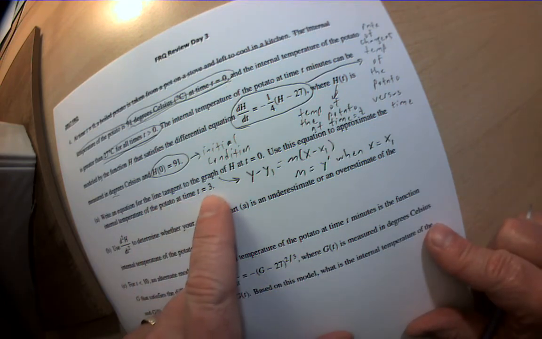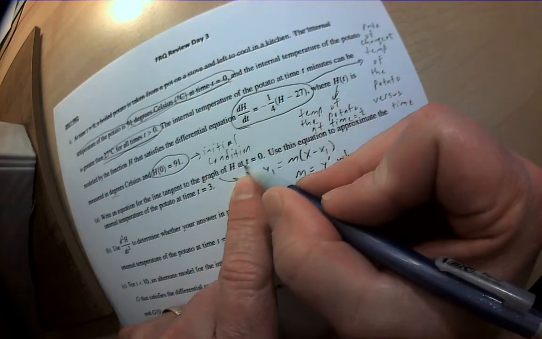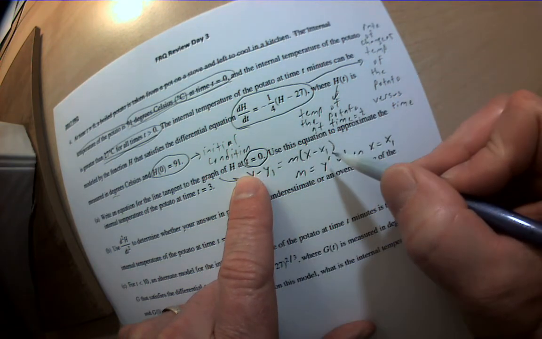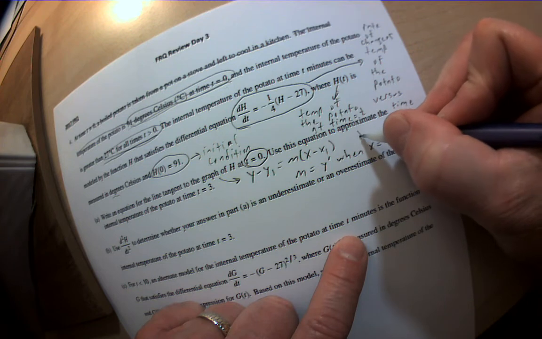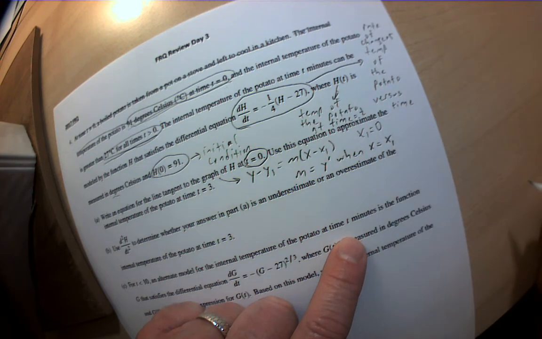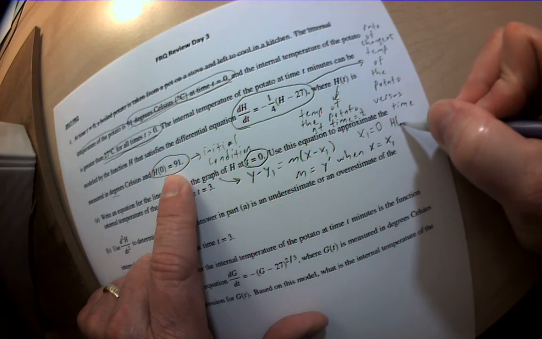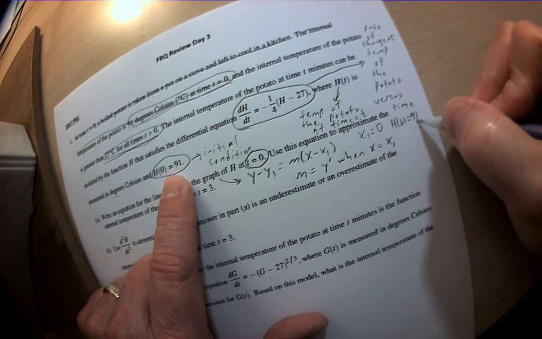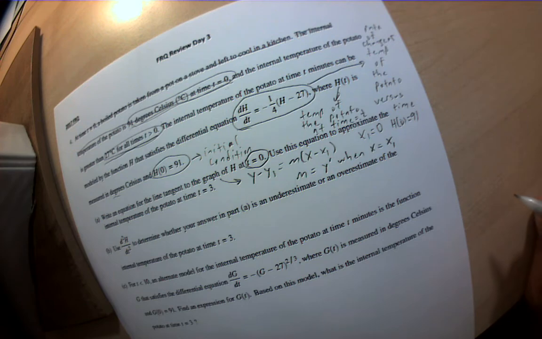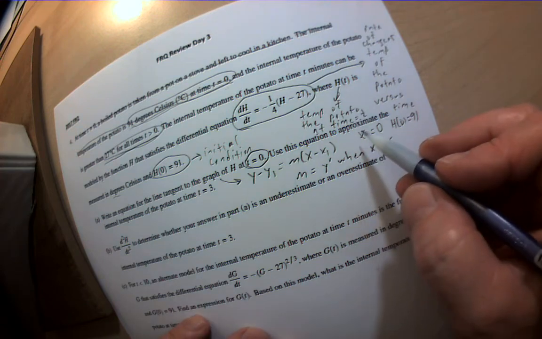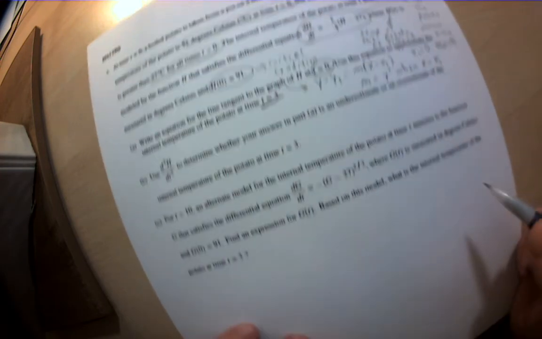So write an equation of the tangent line to the graph at t equals 0, so they're telling you that x sub 1 is 0. And I know from the initial condition, h of 0 is 91, so I've got my initial conditions, and use it to approximate the temperature at time t equals 3.